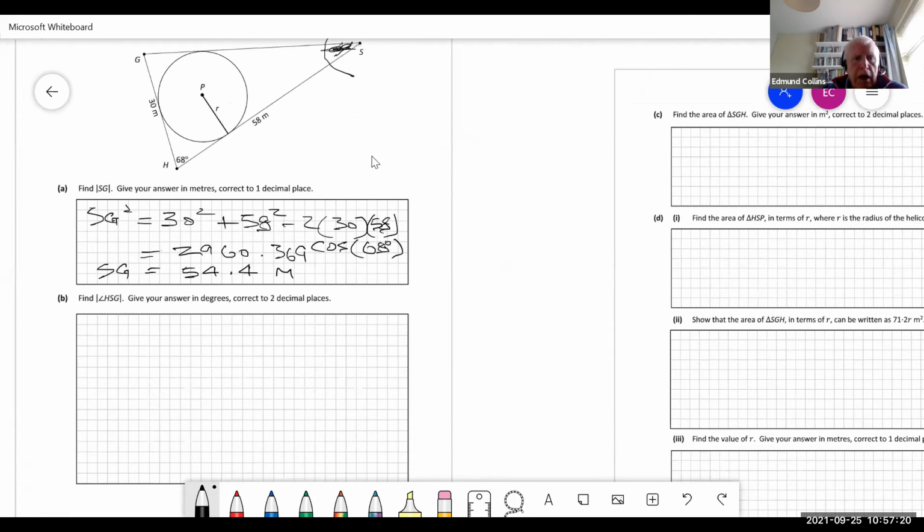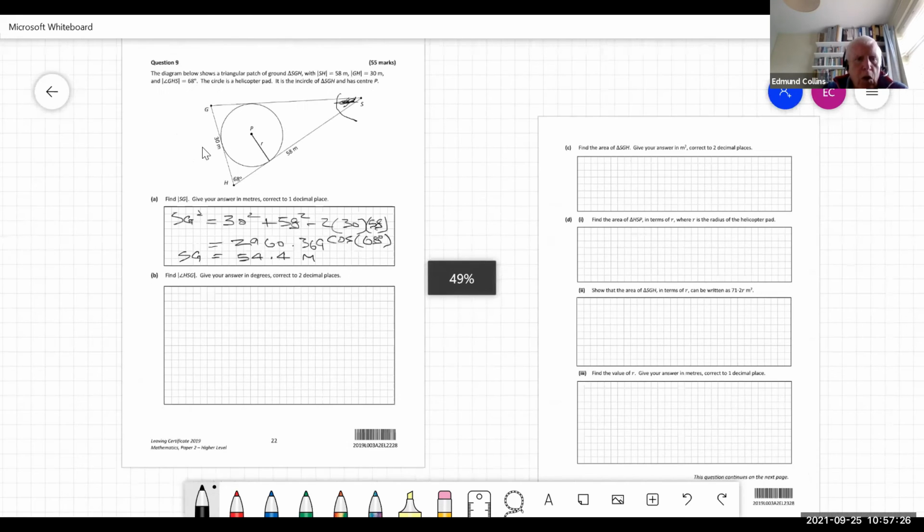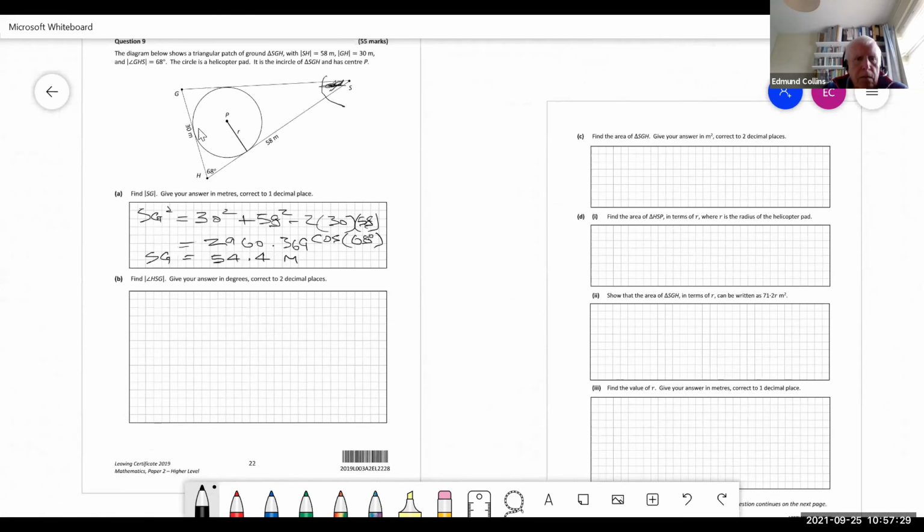So we have the side opposite the angle we're looking for, and we know from the sine rule, therefore, that once we have that side, we have the side over the angle equals another side over an angle.